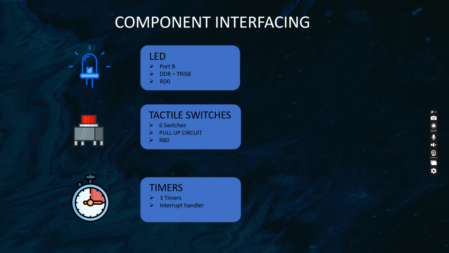Then we have tactile switches. There are a total of six tactile switches on the board. These usually are connected as a pull-up circuit. Pull-up circuit means normally the microcontroller input is connected to the power source.